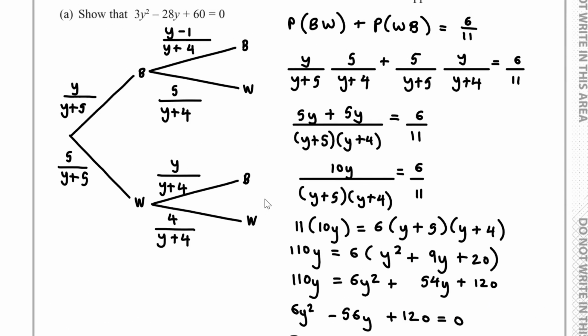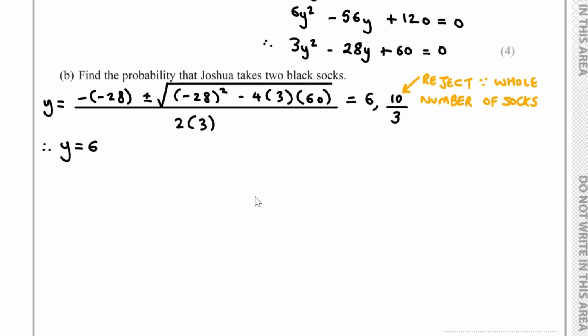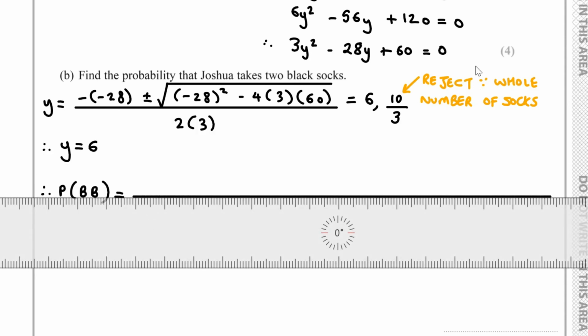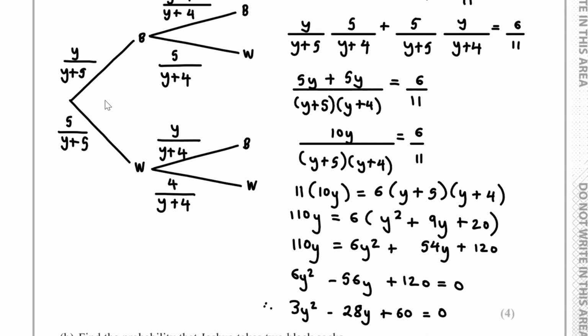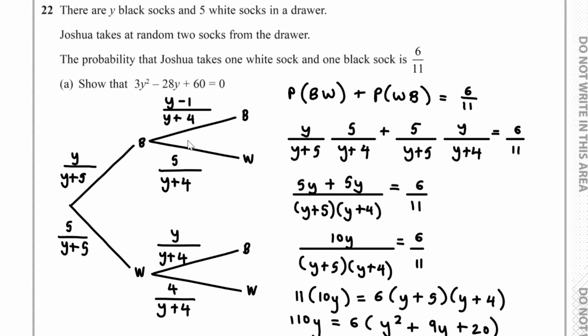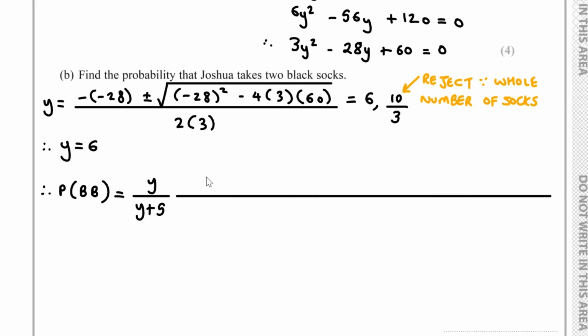So now we're finding out the probability that we take 2 black socks. So probability that we get 2 black socks. Let's grab our ruler again. Well, here we've got y over y plus 5 multiplied by y minus 1 over y plus 4.